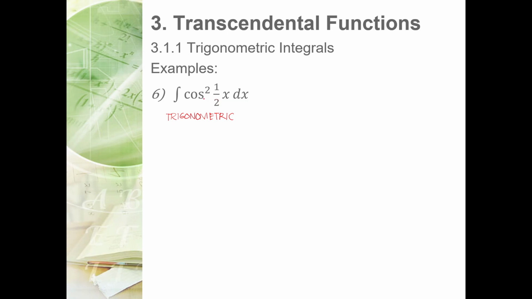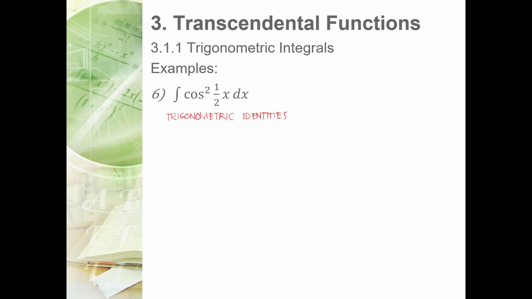It's a way of simplifying your equations further. If you can recall some of the identities, we have the half angle identities, the sum to product, the product to sum, and the Pythagorean identities.